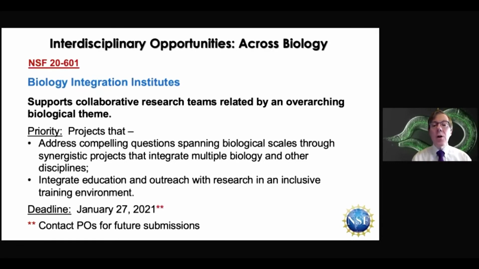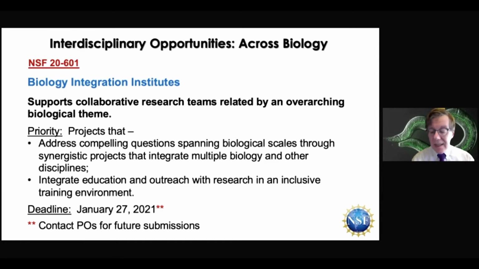These support larger collaborative teams, mid to even large size teams, investigating broad questions that cross scales in biology. Team members' efforts should be integrated, should be synergistic with each other to maximize the effect on both research and education. So these can bring together large cohorts of researchers and can ask for large amounts of money.